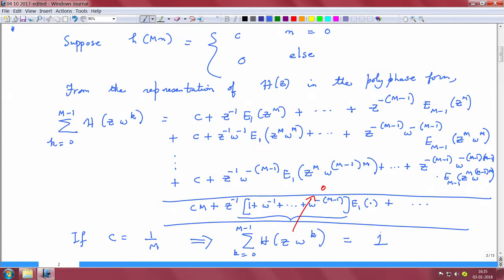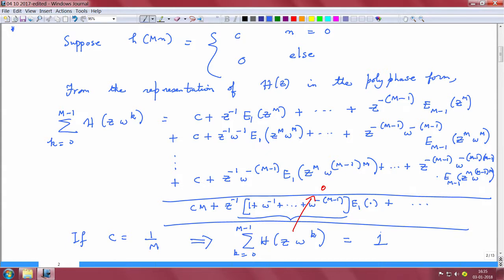But what is the physical meaning of this thing, right? That means I start with a base filter h of z, then I look at all its translations at multiples of the base frequency, right. You have e power minus j 2 pi by m, j 2 pi by m square, cube, so on, right.